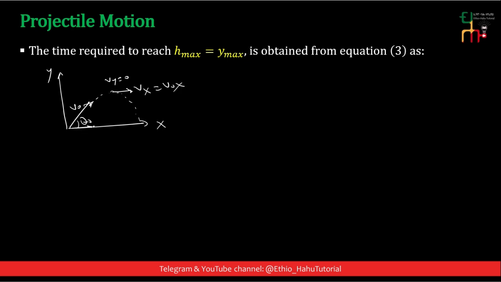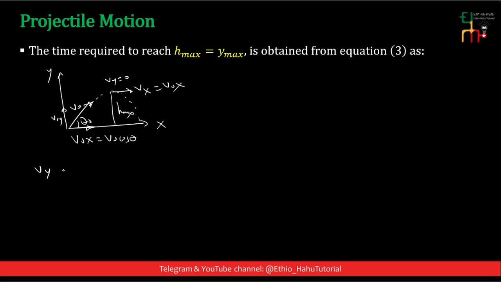V naught x is the initial component of the velocity along the x-axis. V naught x is equal to V naught times cosine of theta. But Vy is 0 at the maximum point. The time required to reach this maximum height, Hmax, is obtained from the vertical component of the velocity of the projectile at any instant of time.